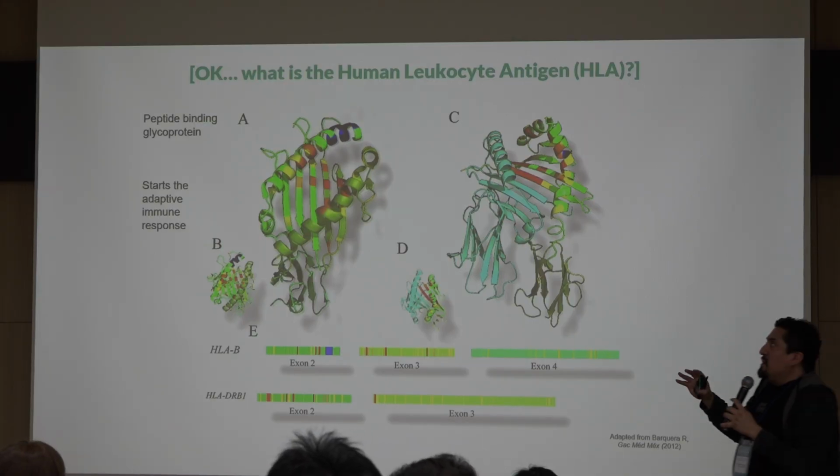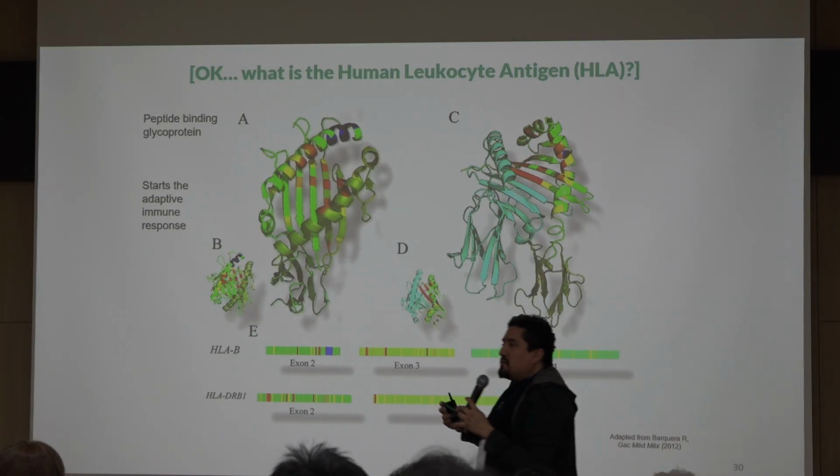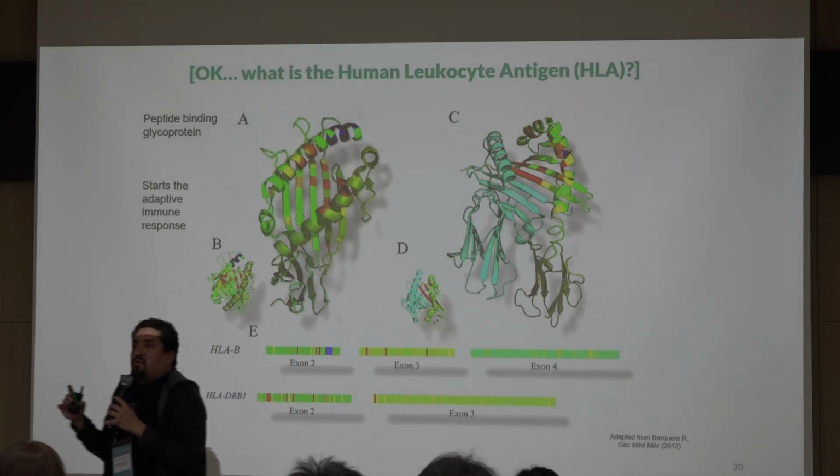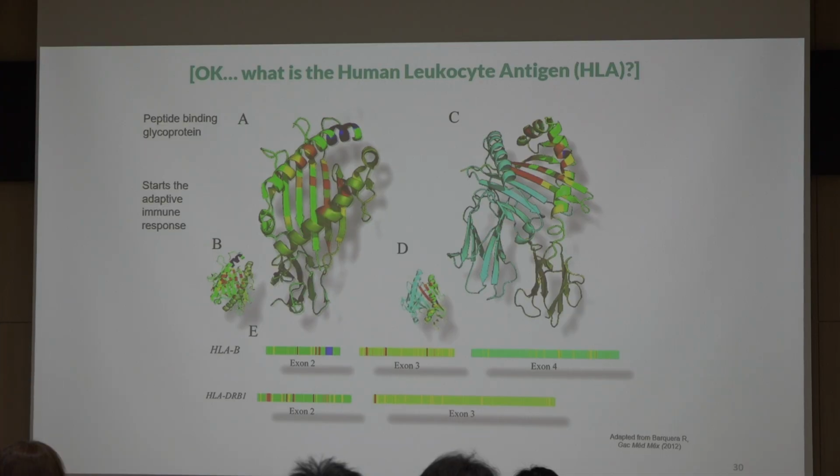We have different versions of these molecules. If I genotyped all of us right now, I could bet whatever you want that none of us has the same information in those genes. Absolutely no one. That's why it's very difficult to find a match for bone marrow transplants outside of the family, because this system is very diverse.